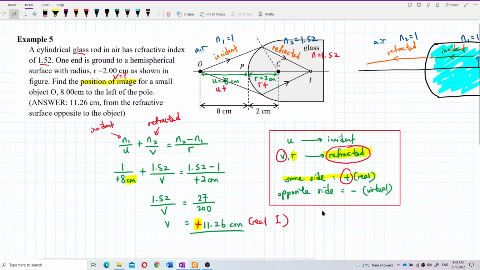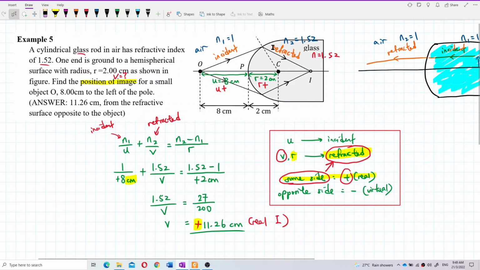So it should be the same side. V is compared with the refracted ray, and now V is positive, which means the image is on the same side as the refracted ray.